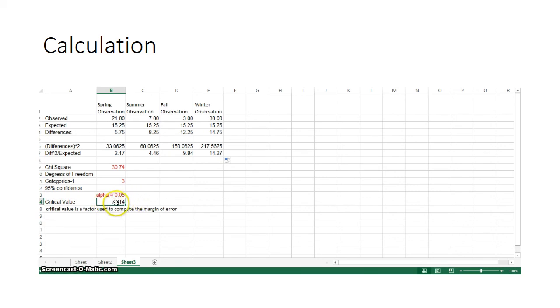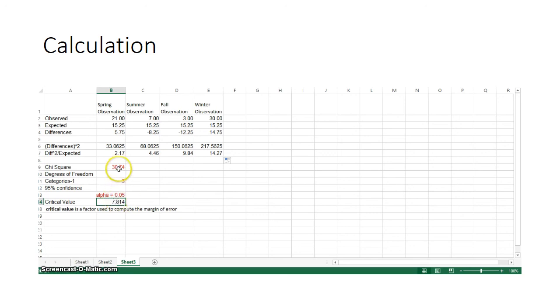Anything higher than the critical value indicates that the observed phenomenon just happened by chance, and there was no correlation between being born during a certain season and getting seasonal allergies. So this would actually make us reject the null hypothesis.